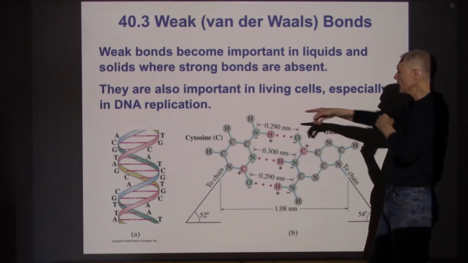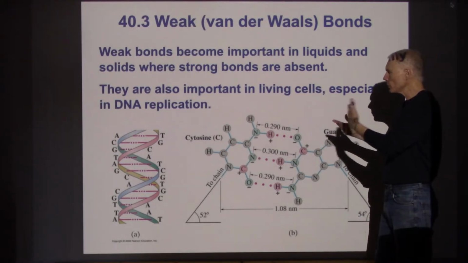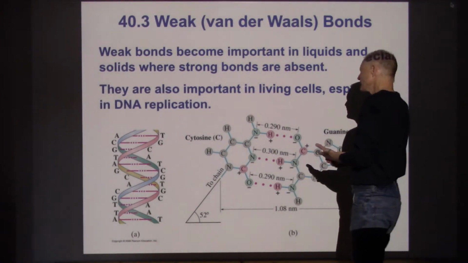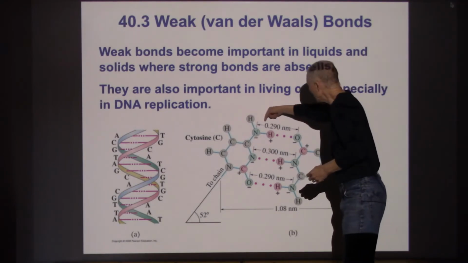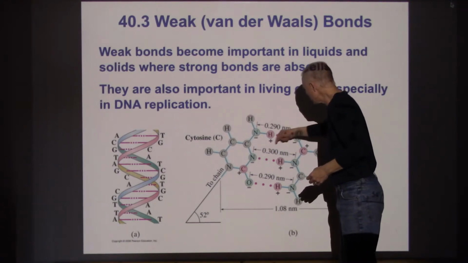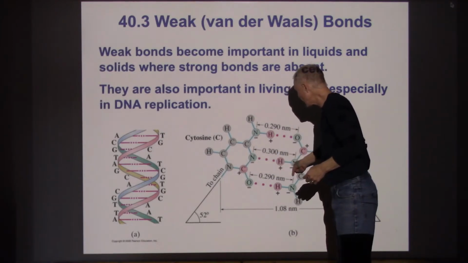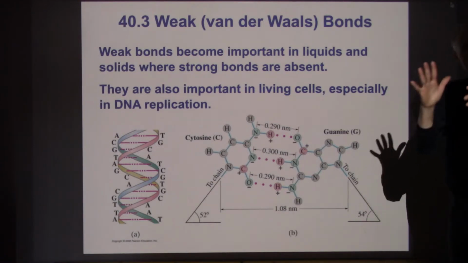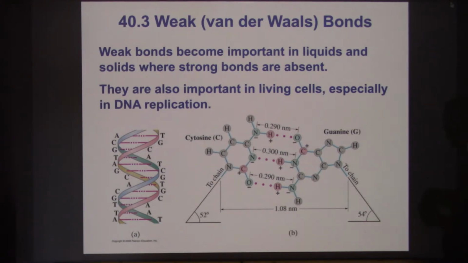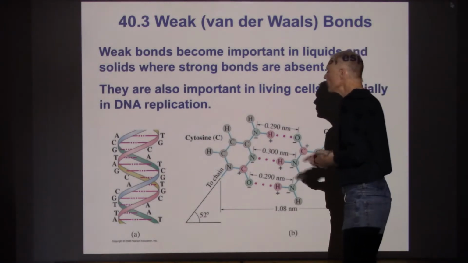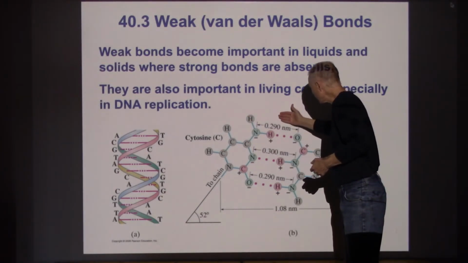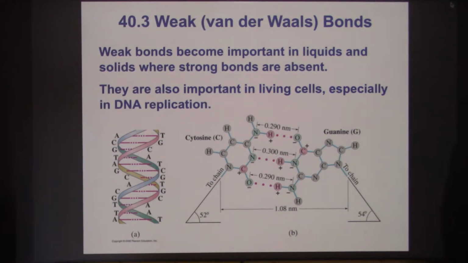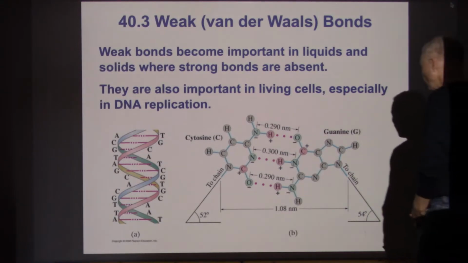If we take a look at the cytosine-guanine pairings within a DNA molecule, we can actually map out, using X-ray crystallography or something, distances: 290 picometers, 300 picometers, 290. Now that's a little long for a chemical bond, but it's a short enough distance that there's a substantial force holding it together. So the DNA molecule is held together by many, many of these smallish electric forces that are holding the whole thing together.